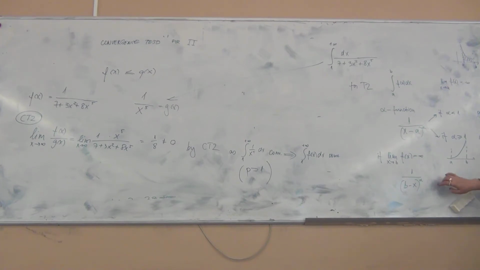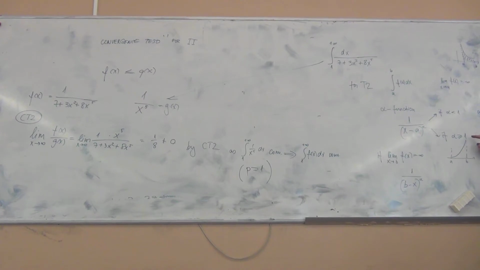And therefore, if the upper boundary is the one where the divergence or convergence might happen, in that case, we write b minus x, simply to make sure that the difference is positive. So we subtract the smaller number from the greater number, remembering that x is between a and b.